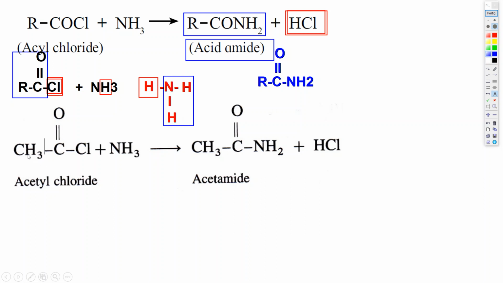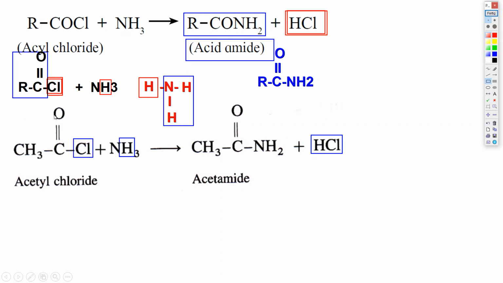So acetyl chloride CH3COCl, when it reacts with ammonia, that is NH3, first you have to prepare its minor product. What is the minor product? One hydrogen atom and one chlorine atom form the minor product HCl, and in the remaining part, NH3 becomes NH2.